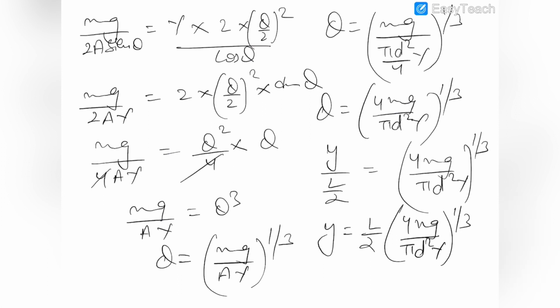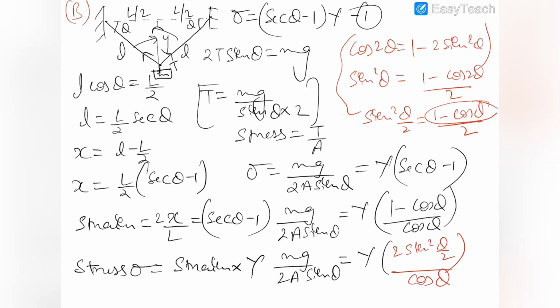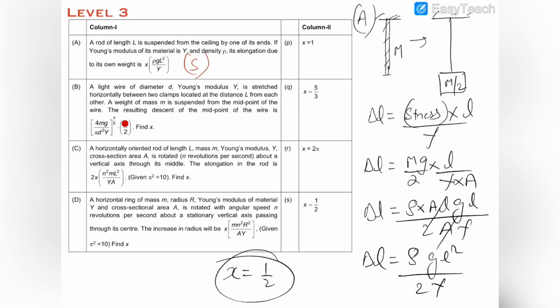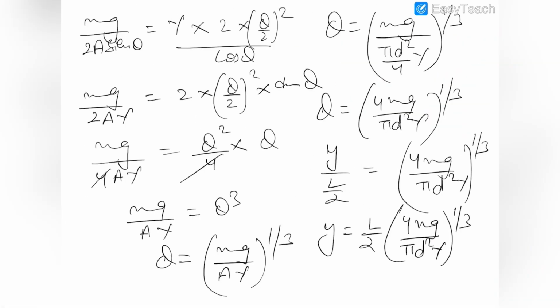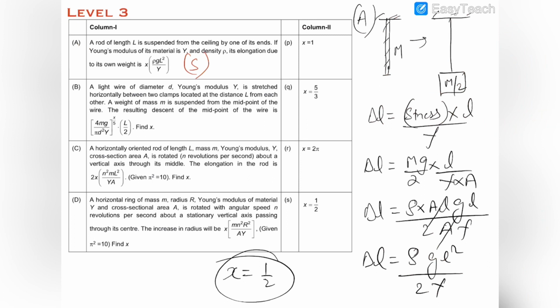Okay, so if we compare it with this expression, the power is x by 5 and here the power is 1 by 3. So x by 5 is equal to 1 by 3, so x is equal to 5 by 3. So the correct option which matches is option B, which will be Q.